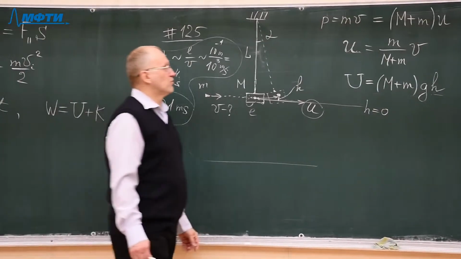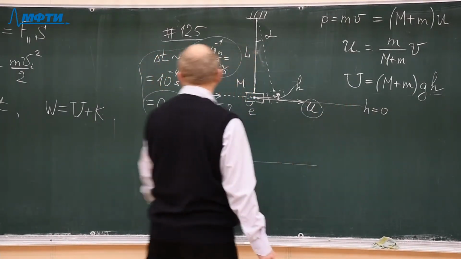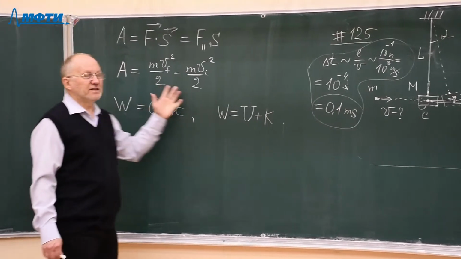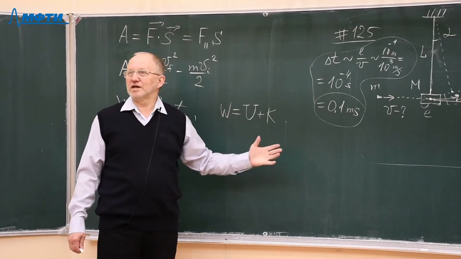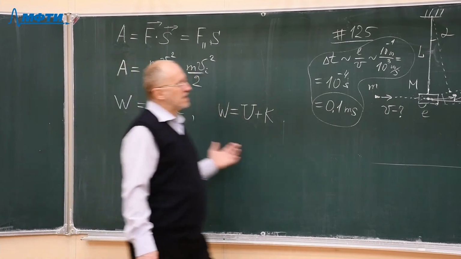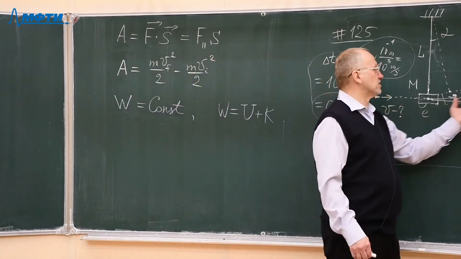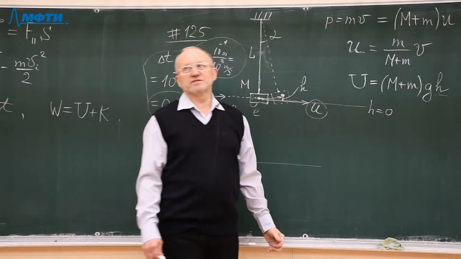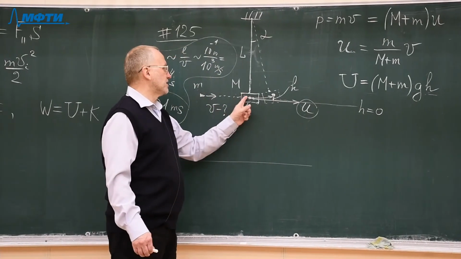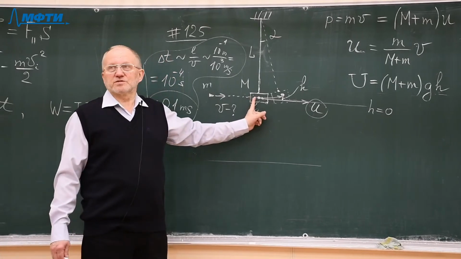And the law of conservation of energy holds when there are external forces that perform work, but we neglect forces of friction and forces of air drag. So on the last stage, when the box starts moving, we can use the law of conservation of energy. But on the first stage, when the bullet gets stuck in the box, we must use the law of conservation of momentum.